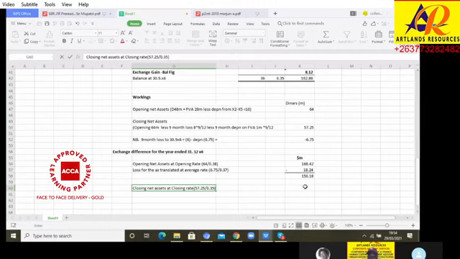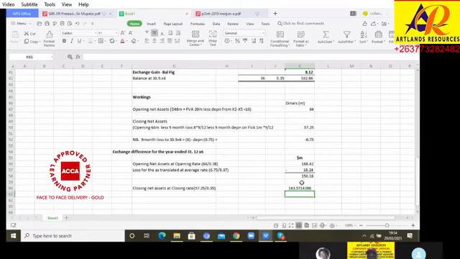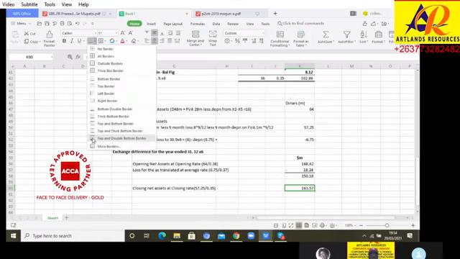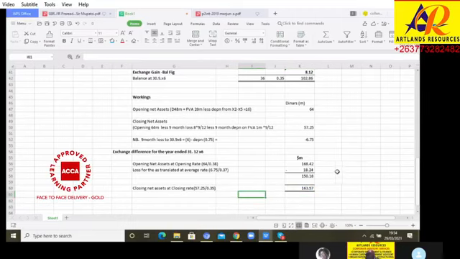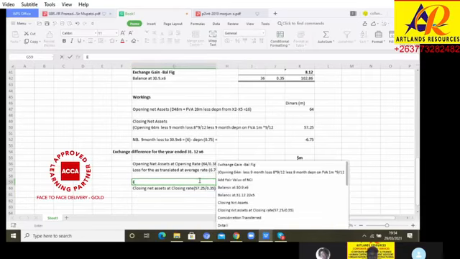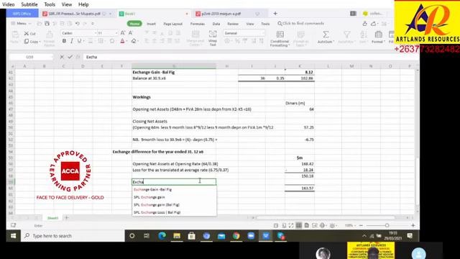So closing net assets are now what? 163. So you started your year with 168. You made a loss of 18. So you were supposed to be at 150. What then increases them to 163? It is the exchange gain. There was an exchange gain. That's how you calculate it.